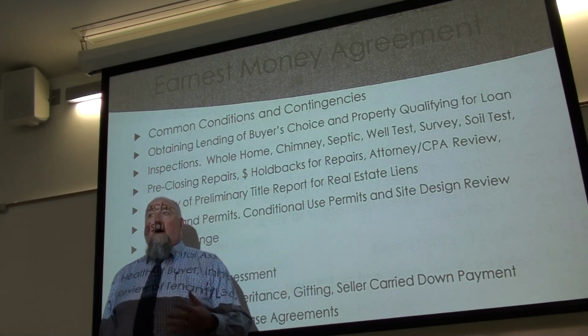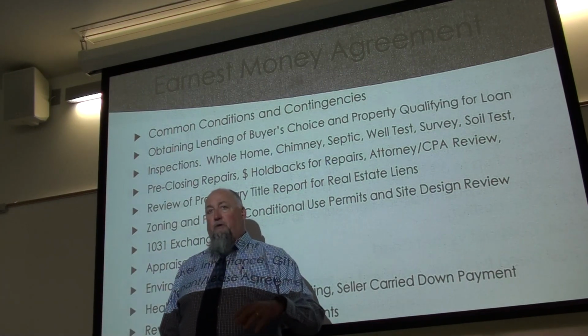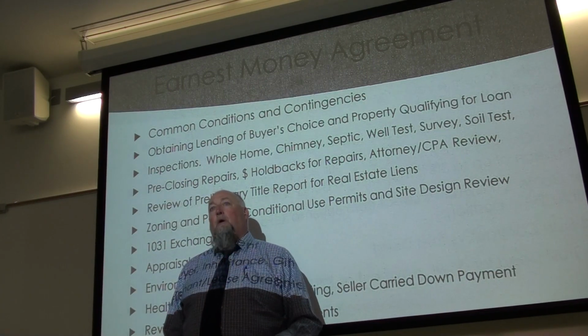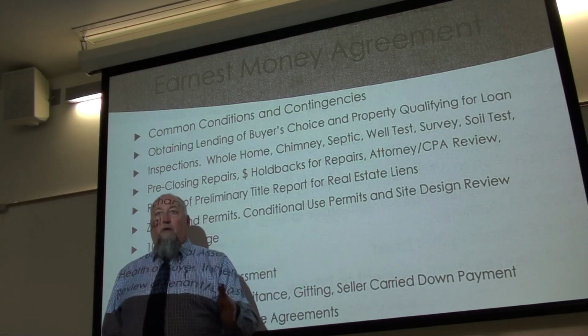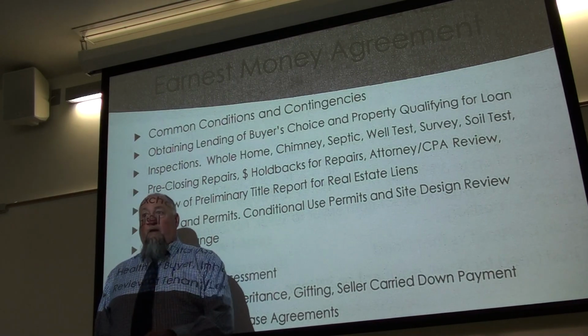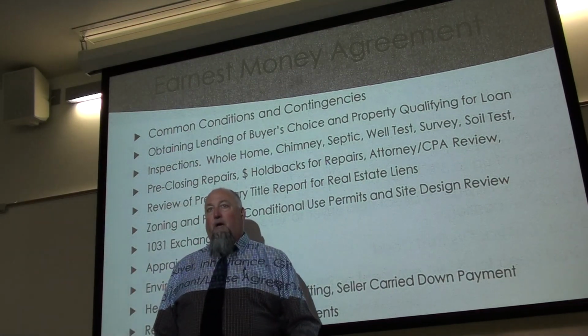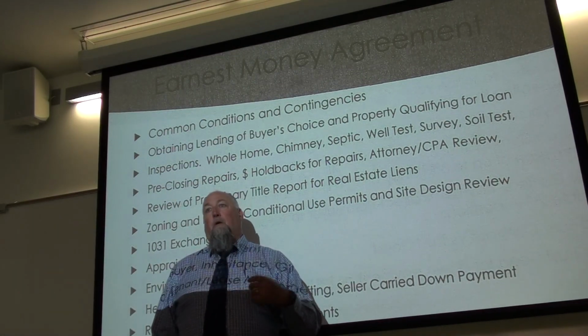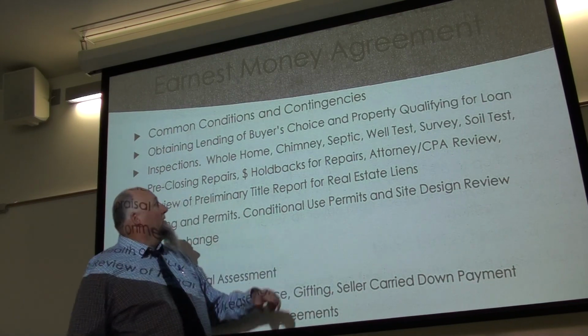So if we find out during the inspection that maybe the foundation is settling and there's cracks in the foundation, the buyer may say, well, I'll buy the property, but the seller is going to have to repair the foundation before I finalize the deal, before we go to closing. And so the seller will have to make those repairs, and you'll have another inspection done to make sure the repairs are all completed, and that kind of thing.